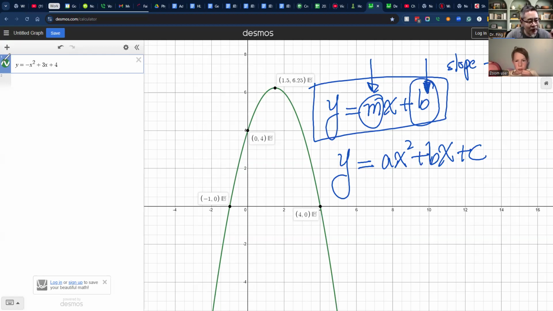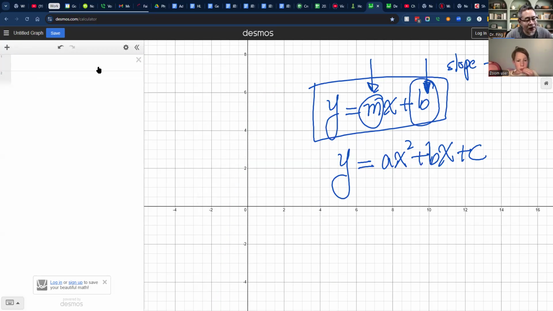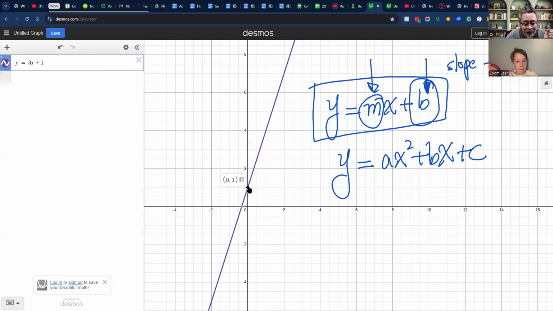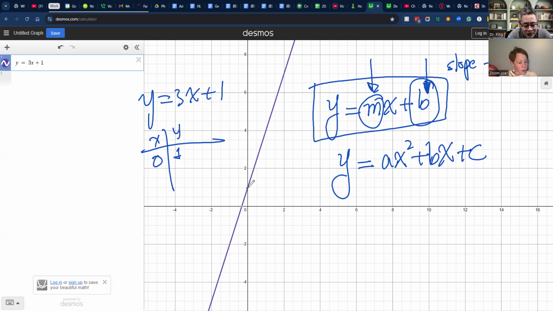So let's look at a couple of those and see how that works. If I do 3x plus 1, you can see that the y-intercept is 0, 1, which makes sense, because if y equals 3x plus 1 and x is 0, then y has to be 1. So that's why this is the y-intercept.